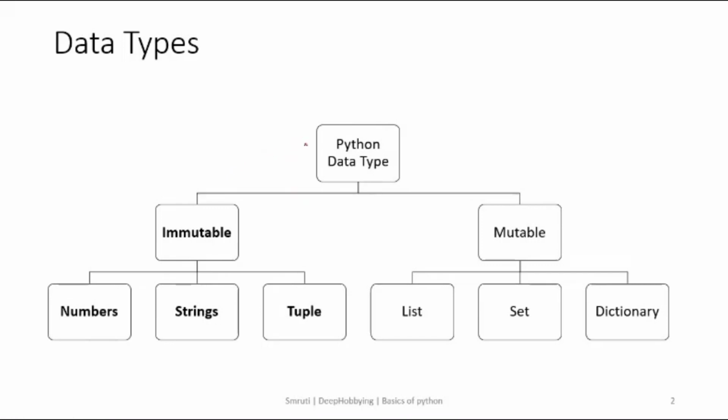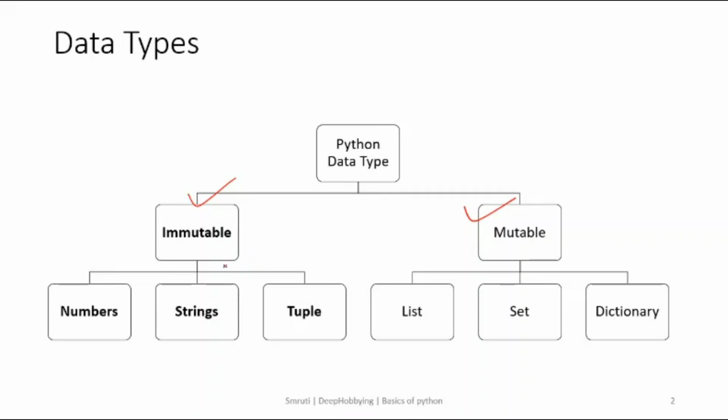Python data types, the whole class, can be broadly classified into two types: immutable and mutable. The dictionary meaning of immutable is something which is not changing over time, or remains unchanged over time.